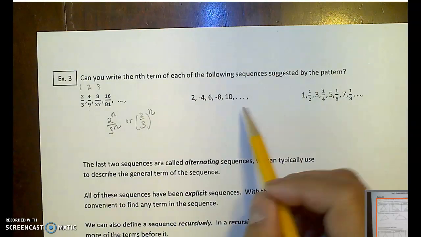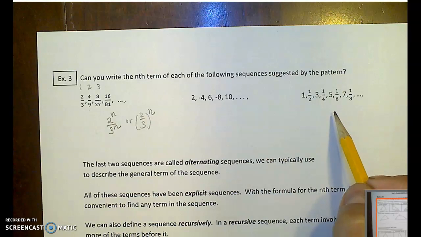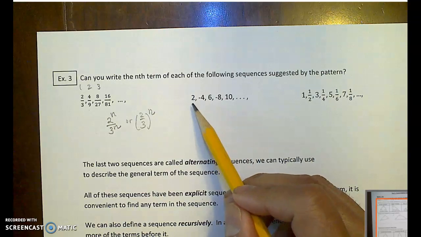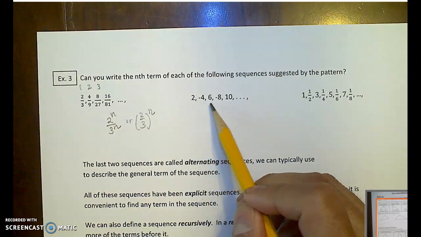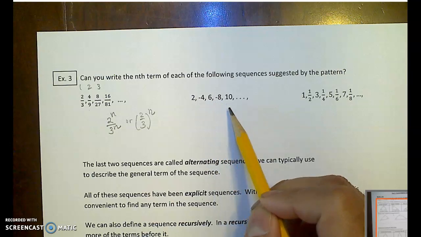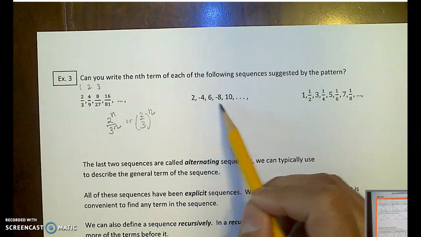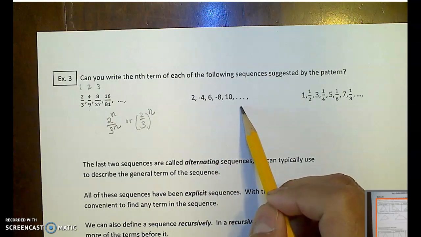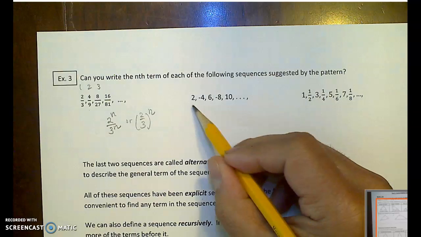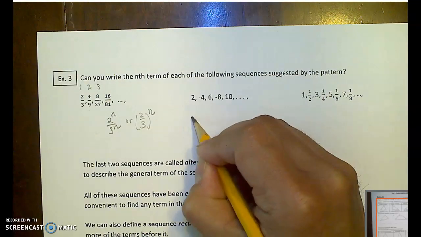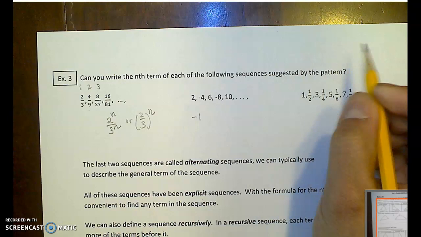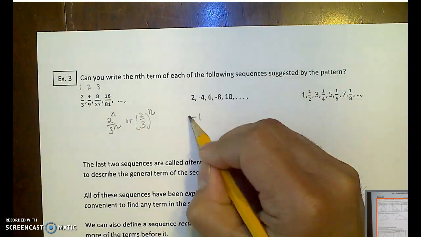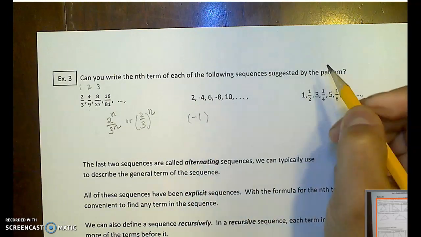Now the next two examples are examples of what's called an alternating sequence. You notice here it goes from a positive 2 to a negative 4 to a positive 6, negative 8, positive 10. So we see that the signs, positive and negative, are alternating in this sequence. Anytime you see an alternating sign sequence like this, know that when you're trying to write an expression or formula that represents the nth term, there's always going to be a factor of -1 involved.